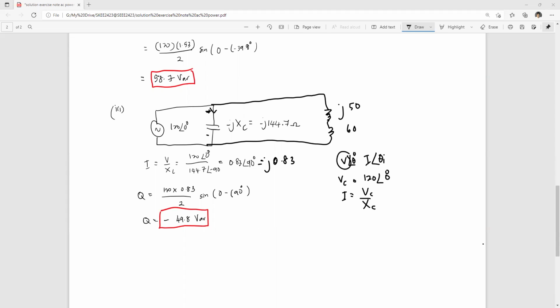So C should be 1.089 kvar over 208 squared multiplied by 2 multiplied by pi multiplied by 50 hertz. So you will obtain your capacitor.